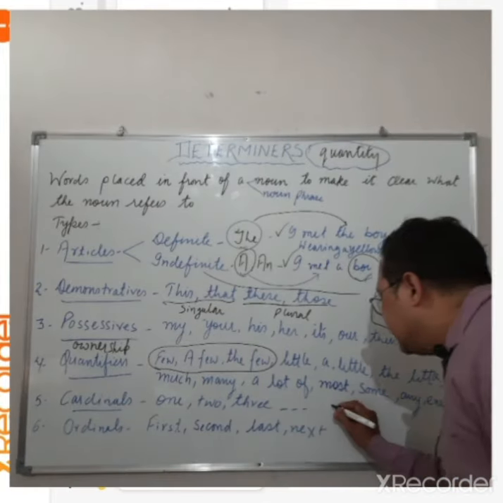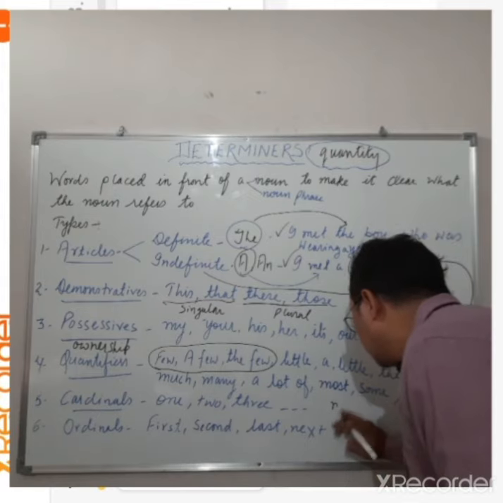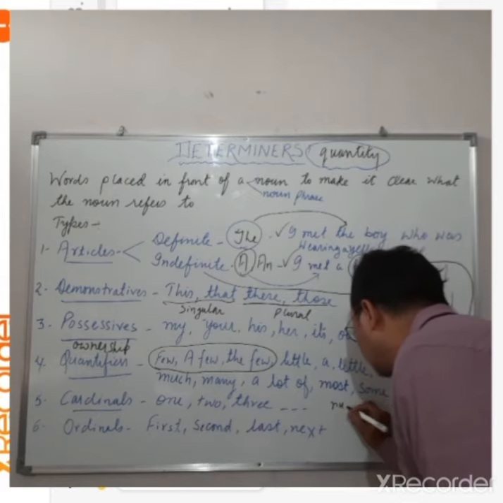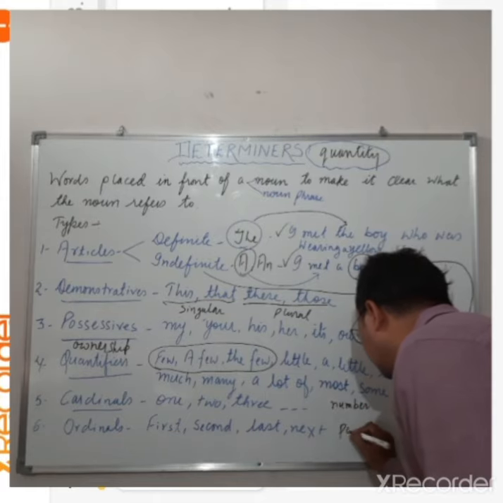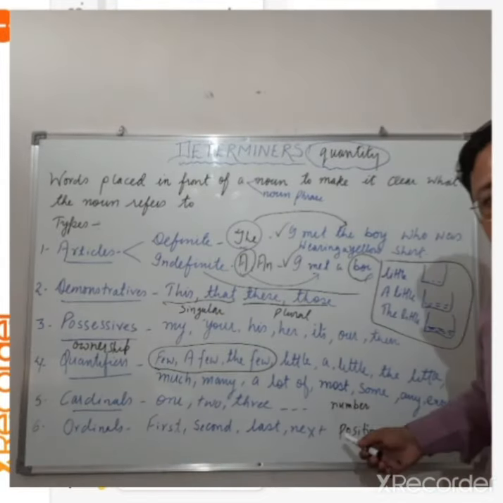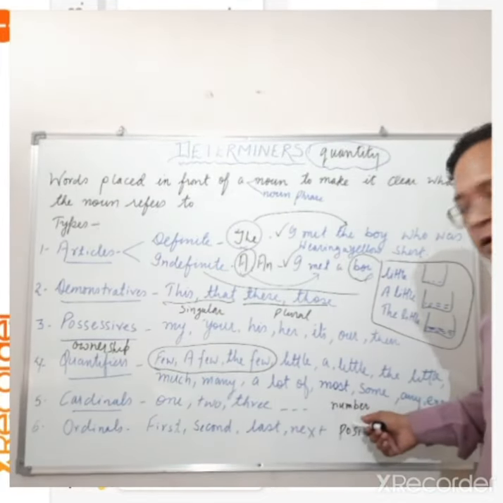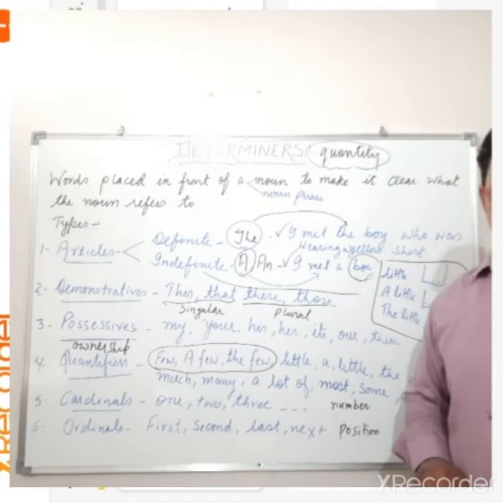Cardinals tell number, and ordinals tell the position.